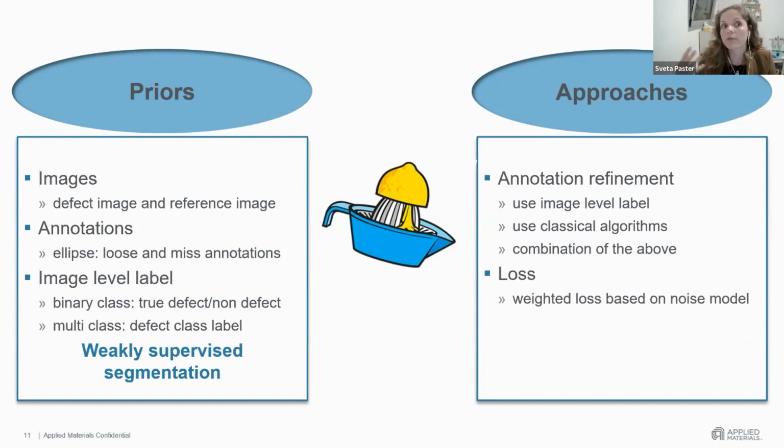In our solution, we have a customized loss, a weighted loss based on a noise model, and I will try to elaborate on it more in the final slides. And then, of course, we can combine both solutions. None of them gives us a final solution, but the combination can give us a close one.